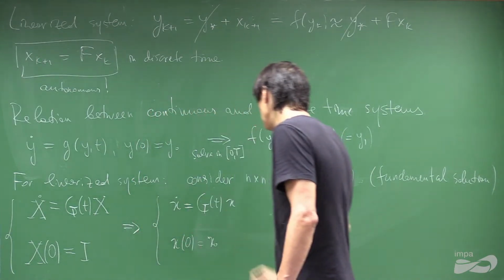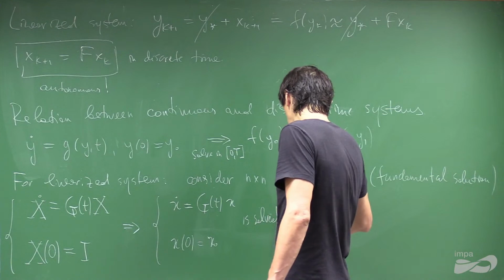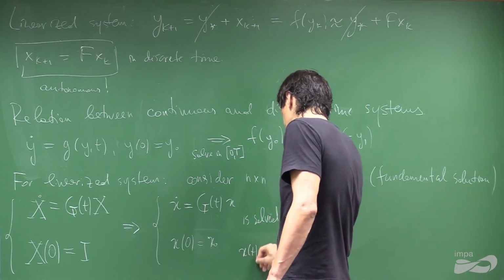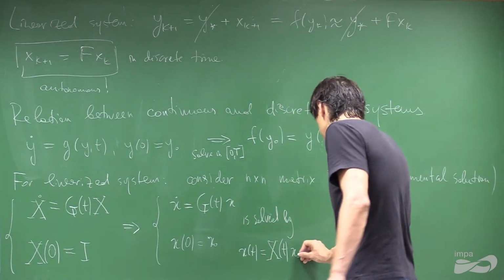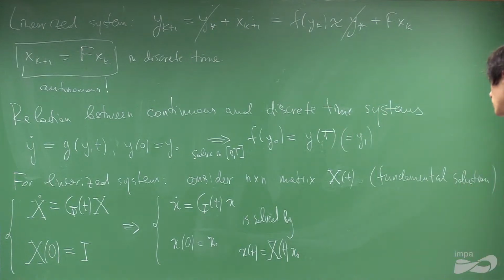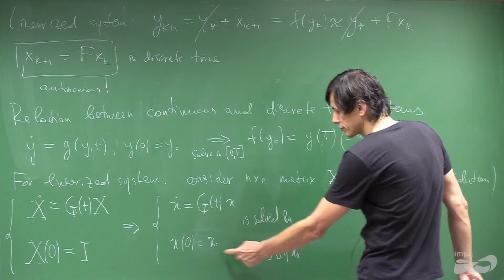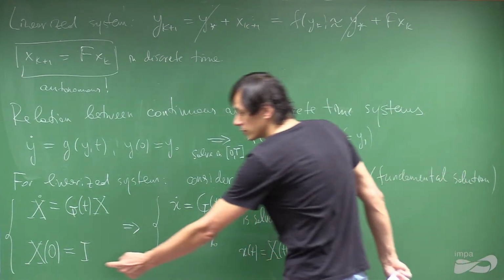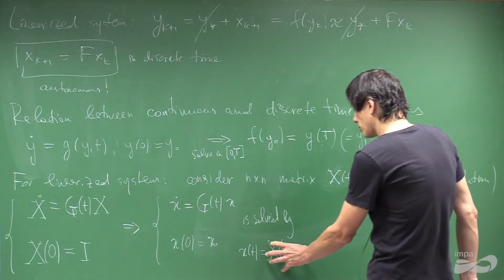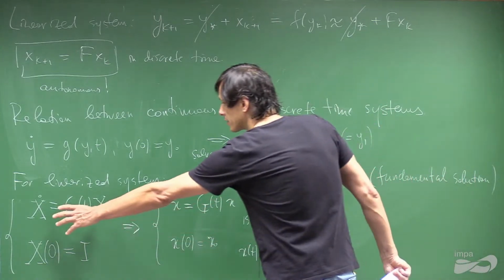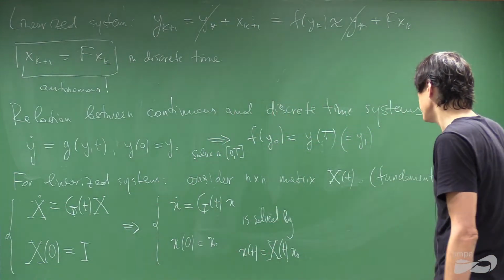So then this problem is solved by x of t equal capital X of t times small x0. So you can check that this is true, because whenever you have this value, the initial condition is really x0, because the initial value of X capital is the identity, and times x0 gives x0. And whenever you substitute this here, you will get the previous equation multiplied by x0. So it's also satisfied.